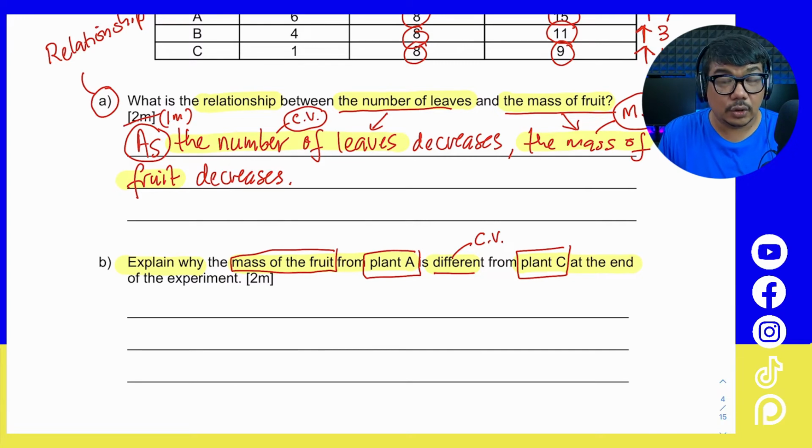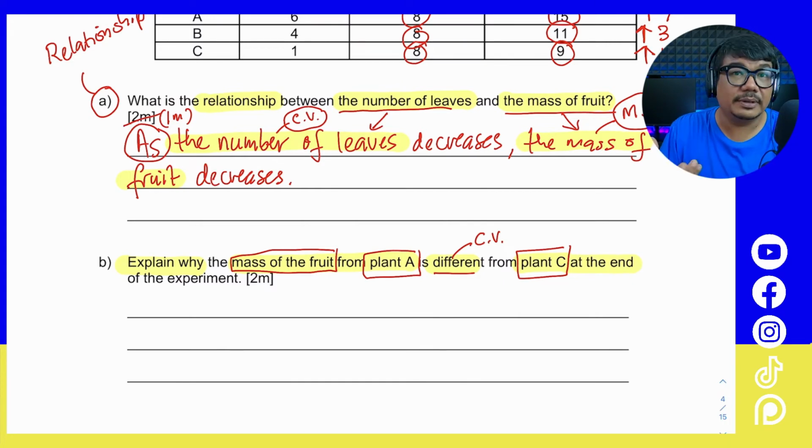We have already established that the change variable here is the number of leaves, and the number of leaves control the amount of chlorophyll, and chlorophyll will be one of the components that control the rate of photosynthesis. And we know photosynthesis makes food.